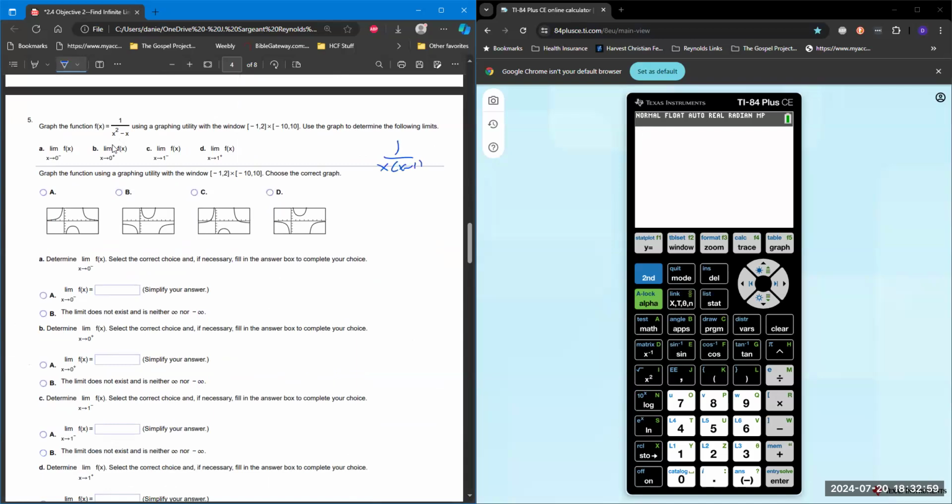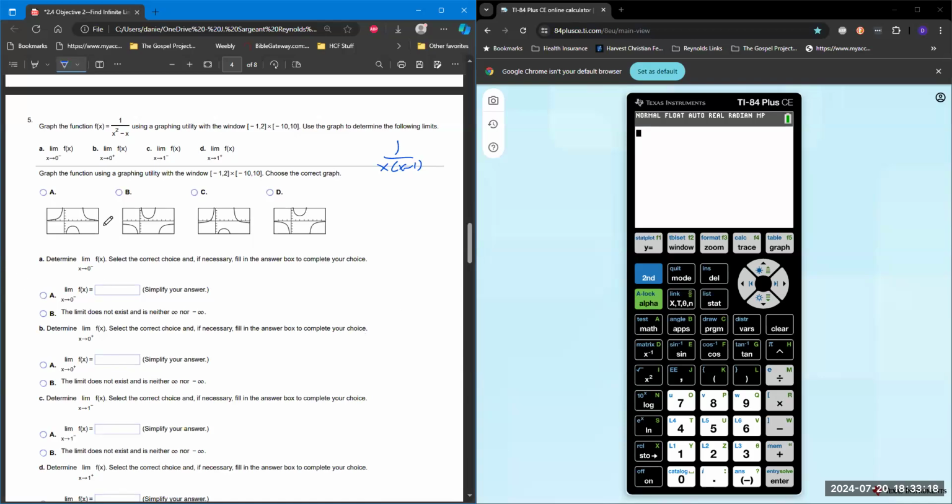Times x minus 1. We're going to have asymptotes at 0 and positive 1. And we're going to have positive, negative, positive.